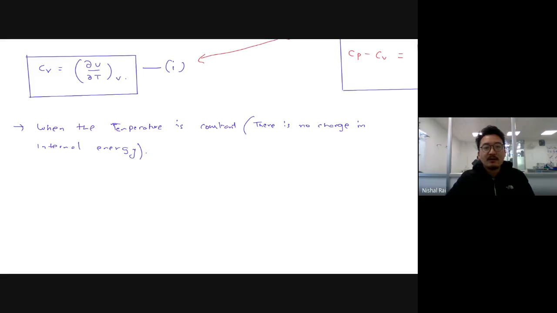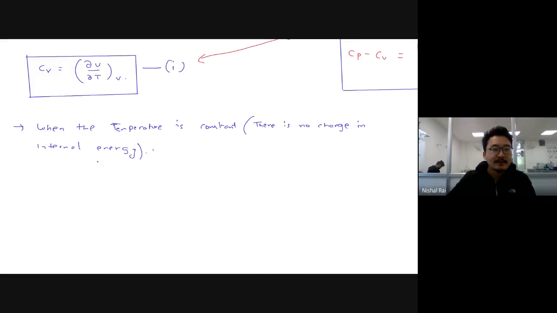You can think of this as, because this is an intrinsic property, internal energy was dependent on what? Basically kinetic energy. Let's just consider kinetic energy. Kinetic energy depends on temperature, because as you keep on increasing the temperature, the molecules will start moving faster. Clear? Now, if the temperature remains constant, there is no change in your kinetic energy.